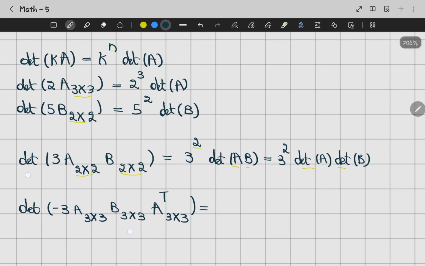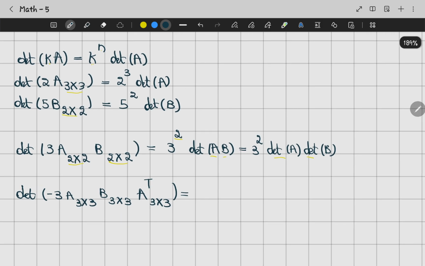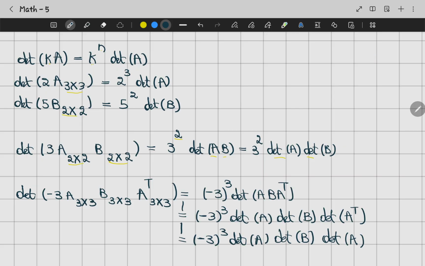Okay, let's say for example we need to solve this matrix, to find the determinant of this equation. Okay, this is one example. Since we have a 3 by 3 matrix, that's why we're going to have 3 there, and then we separate them like this, and then the determinant of A transpose is the same as the determinant that we had before.